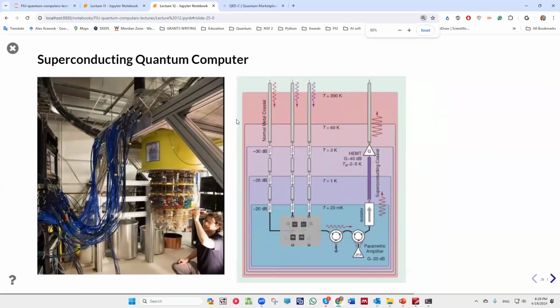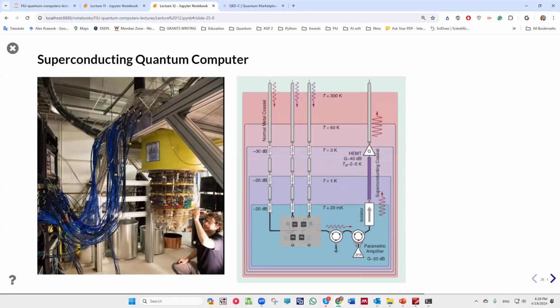This slide demonstrates the result, right? We put together many qubits, make them able to couple in a controlled way, which is a very difficult task.